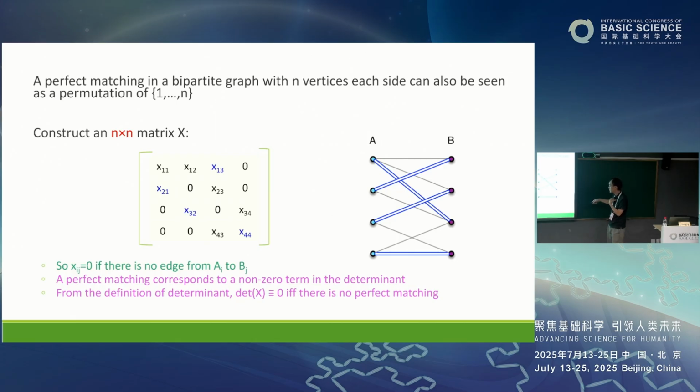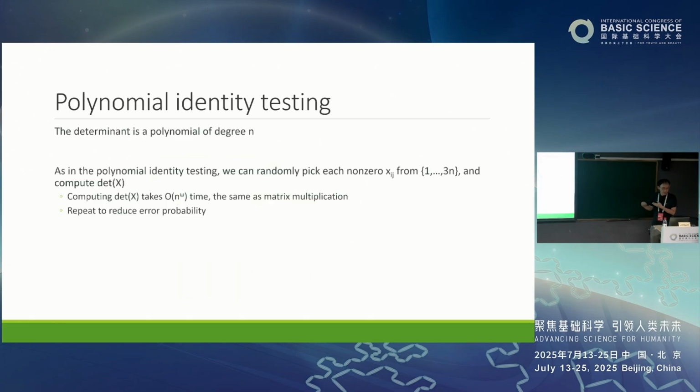So from the definition of determinant, the determinant will be a polynomial of these variables, which means that if there is no perfect matching, then the determinant is identically 0. So we can use polynomial identity testing.